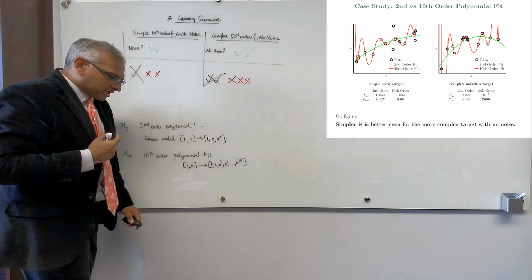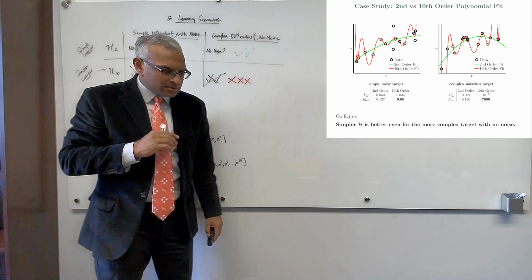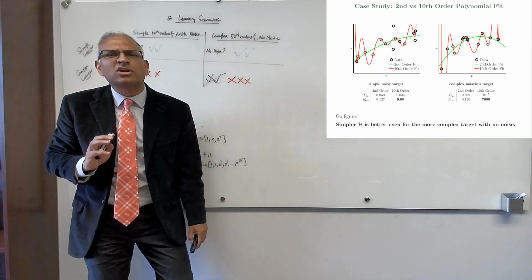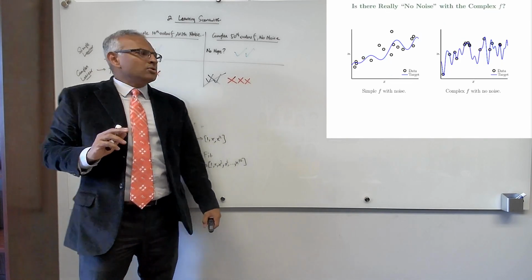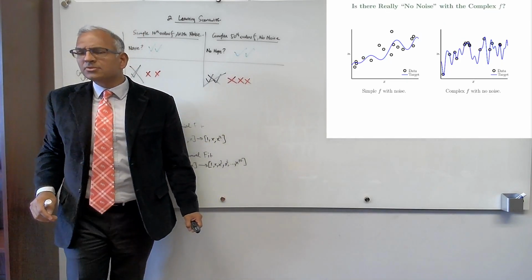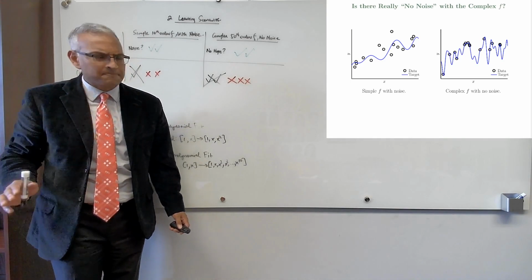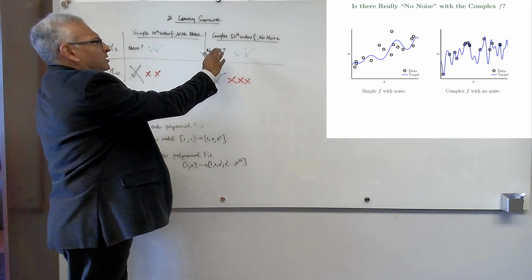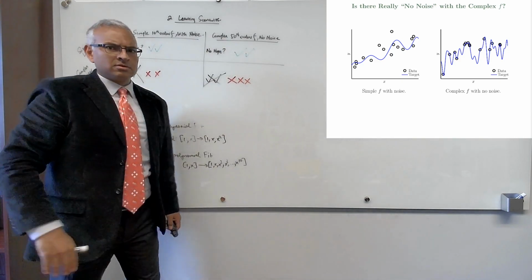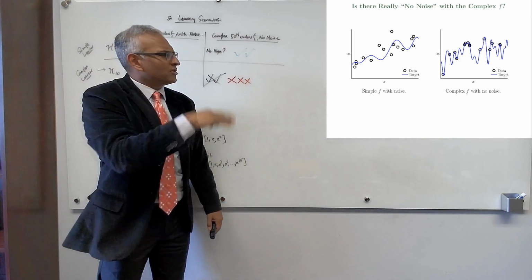Okay. But before we get there, I just want to show you that I kind of pulled a con on you. So I showed you two learning scenarios. What were the two learning scenarios? Simple F with noise and complex F with no noise.